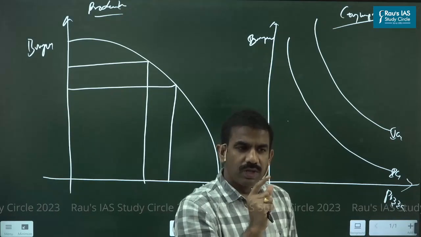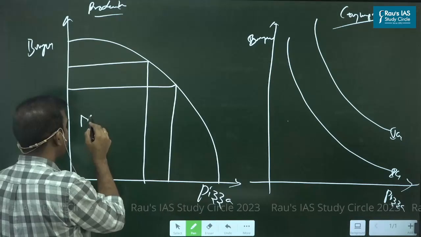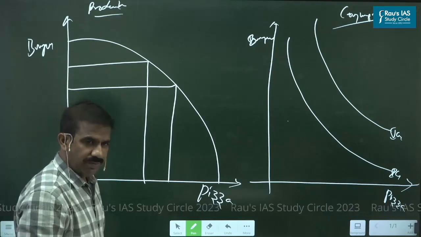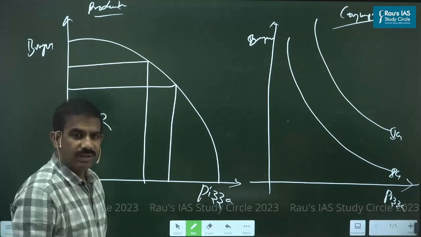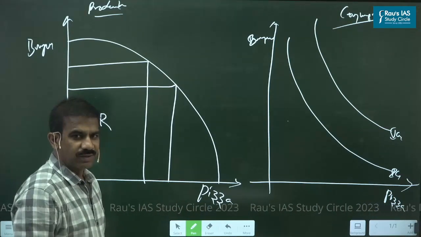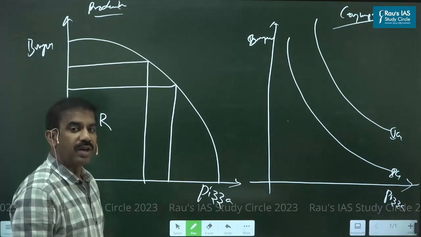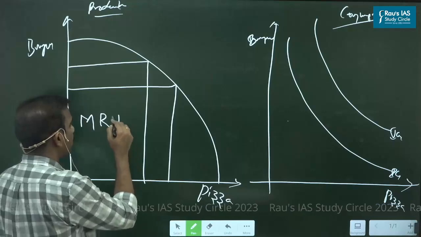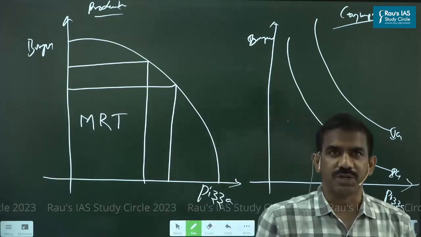That is what is measured in the name of the marginal rate of, marginal does mean extra, rate of transformation. Okay, we call this the marginal rate of transformation.